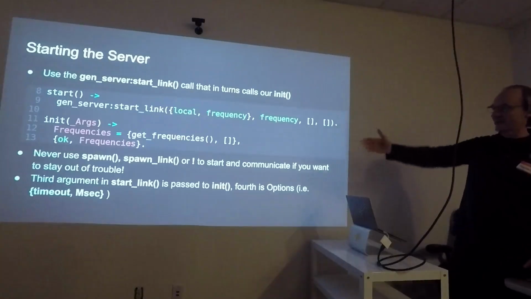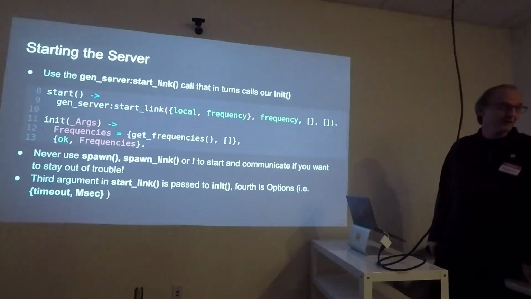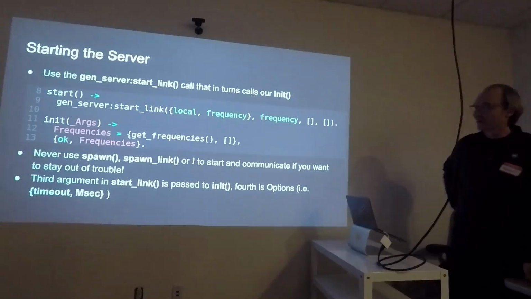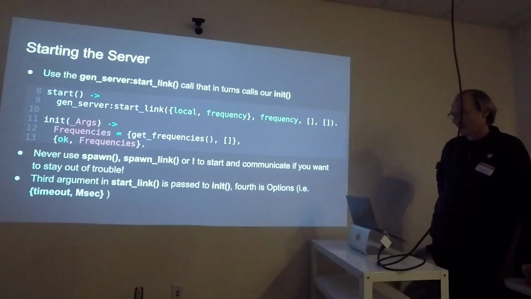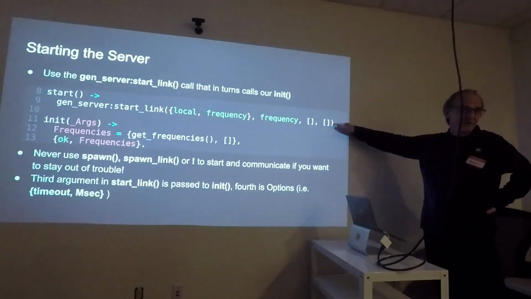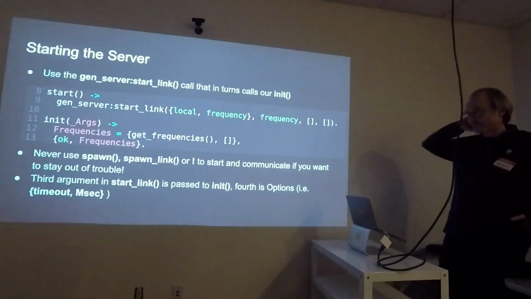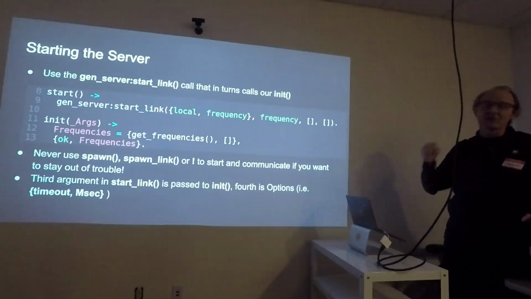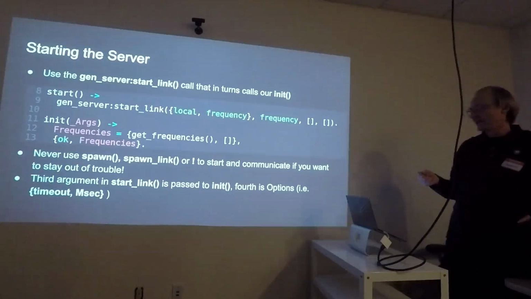Then this is my code for the callback module, and the start in line 8 is very similar to the line that you saw in my naive server, but it's calling the Gen server. And it's using a method called startLink.